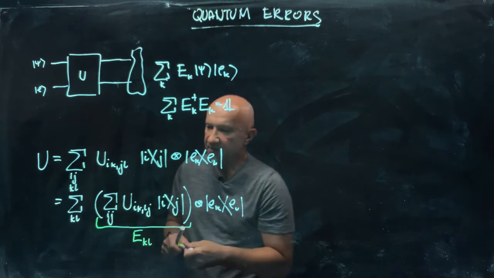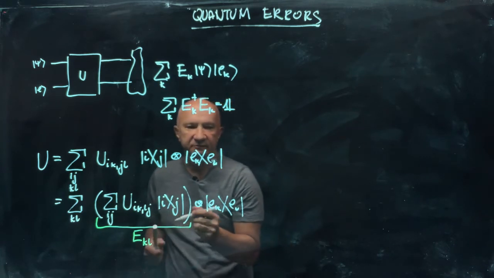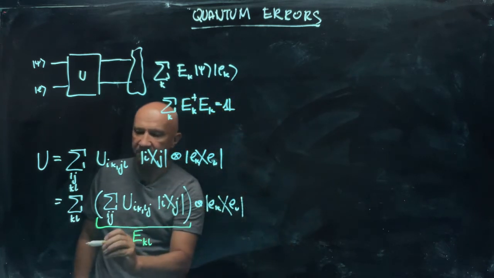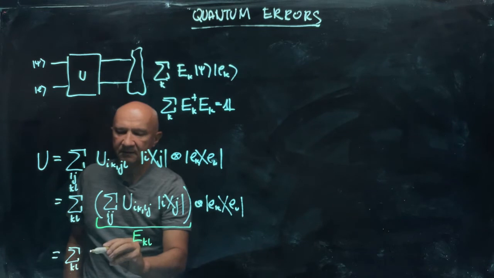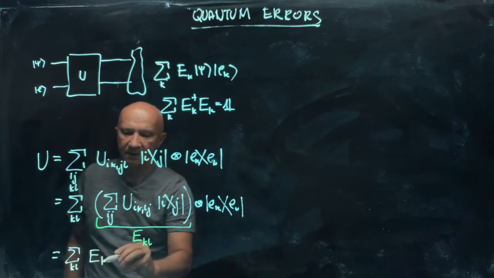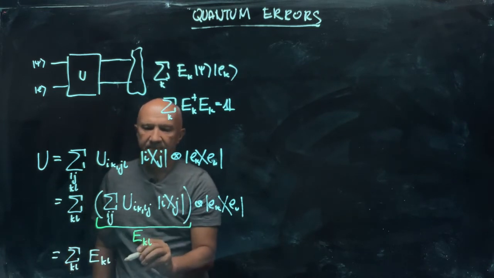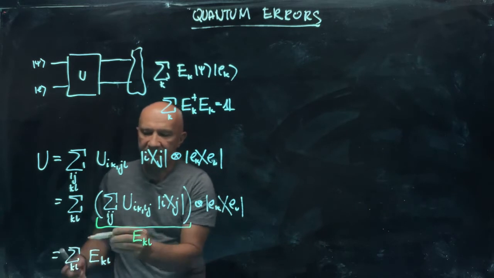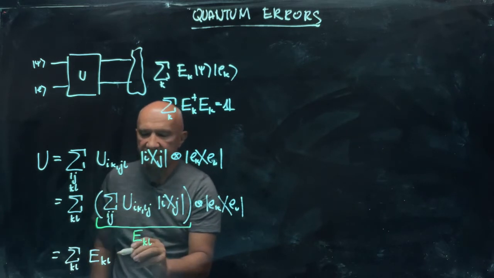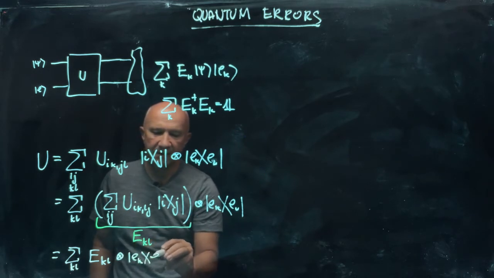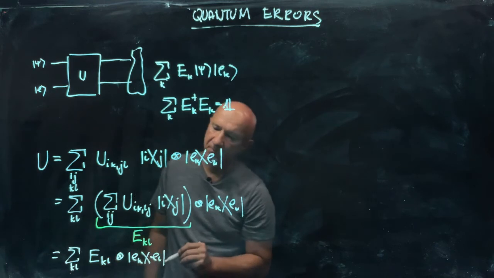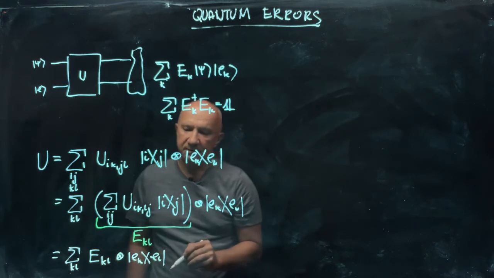So that means that the whole expression for this unitary U is the sum over kl of E_kl, that is the operator acting on the system, tensor |e_k><e_l|.